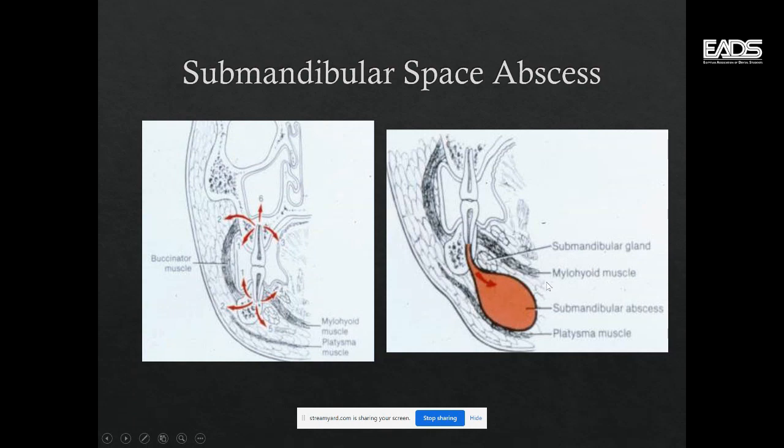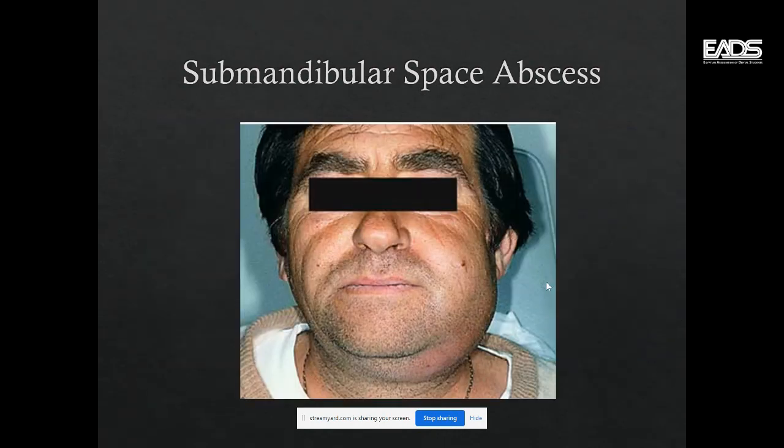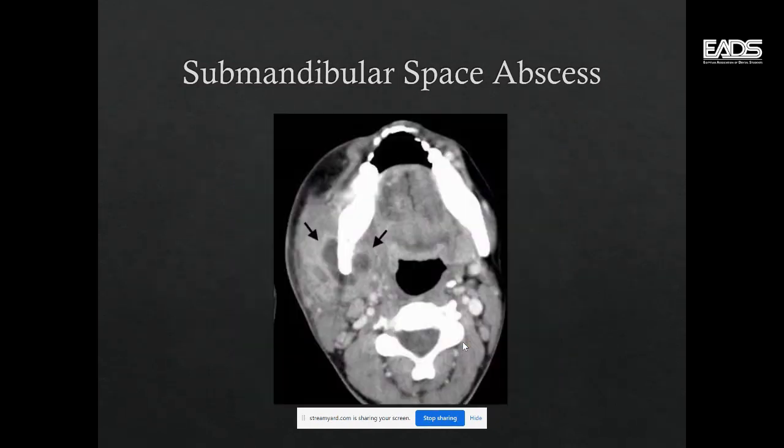With this type of infection, you will not be able to palpate the border of the mandible most of the time. This is how it looks like. You can see there is a small amount of cheek swelling, as well as underneath the skin of the mandible, and it keeps going, covering the border of the mandible as well. On the CT scan, this is how it looks like. It is swollen here, but here you can see the abscesses.